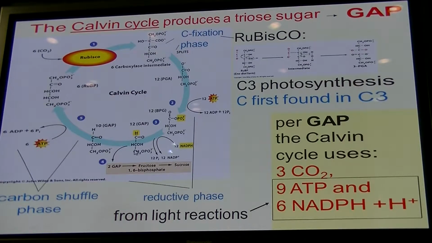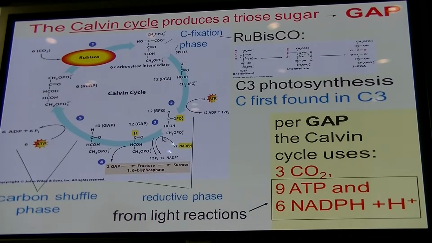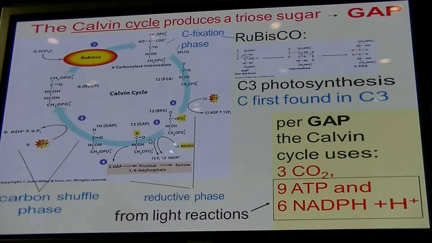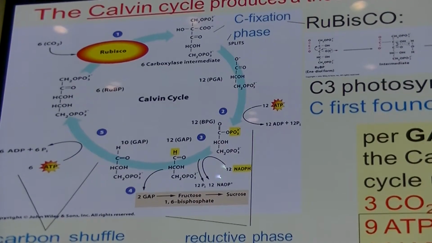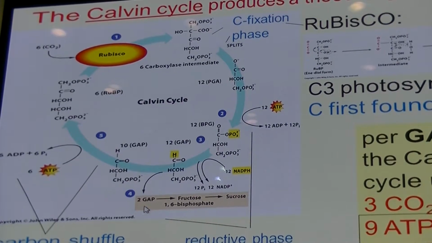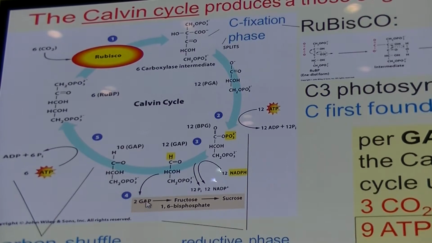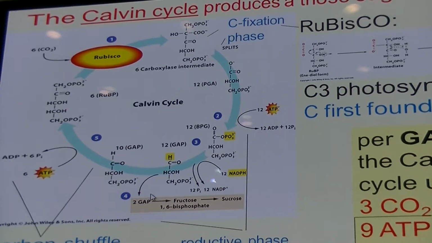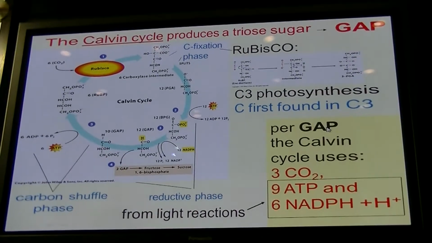That's glycerol, where there is also an aldehyde, so one of the OHs is replaced by a double bonded O, and then it's phosphorylated. This is what we call a triose sugar, meaning a sugar based on 3 carbon molecules. This triose sugar, GAP, or glyceraldehyde phosphate, is the end product of the Calvin cycle.